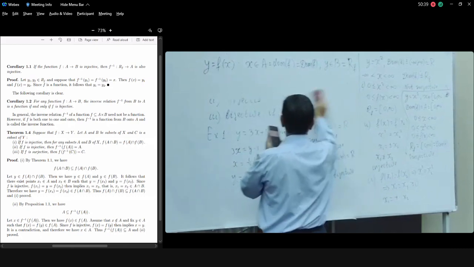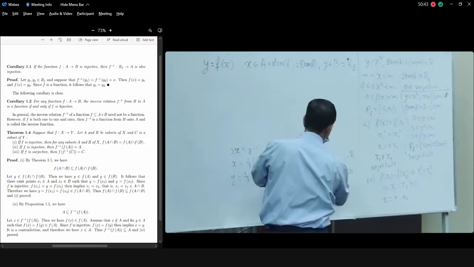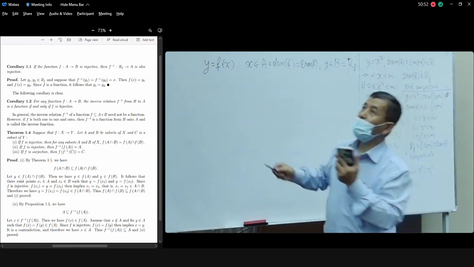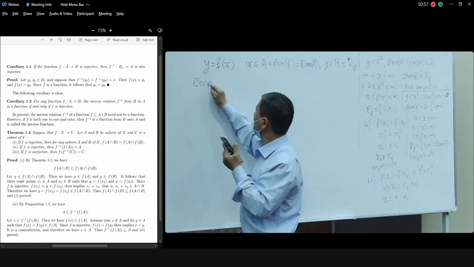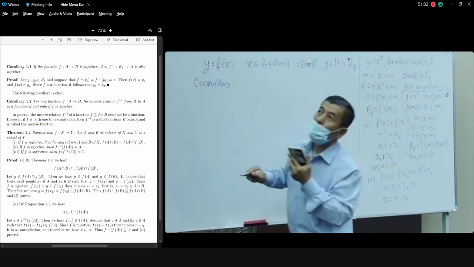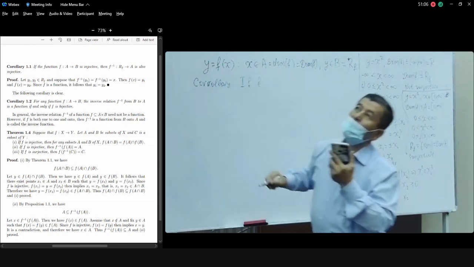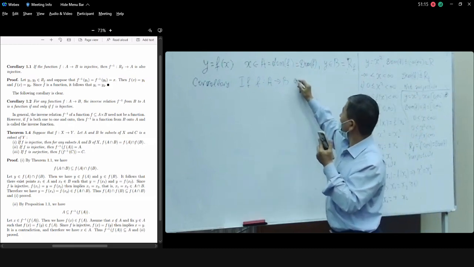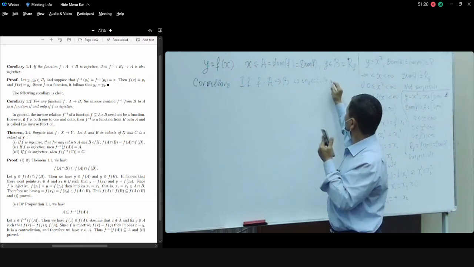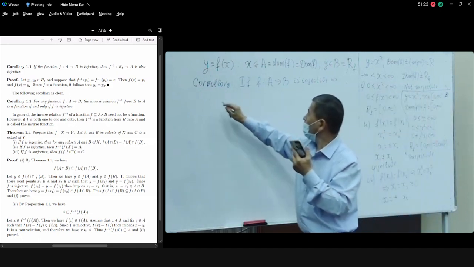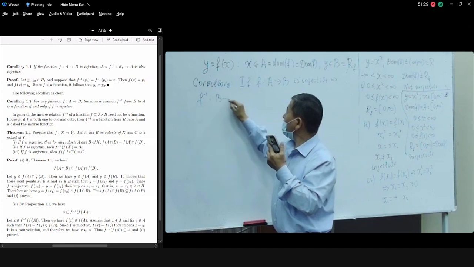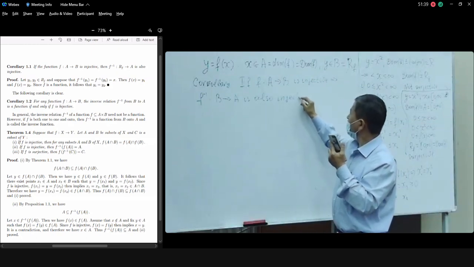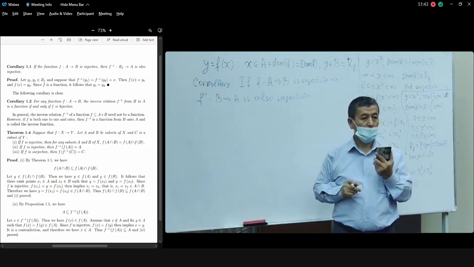The corollary says: if f, mapping A to B, of course f is a mapping, is injective, then f minus 1, mapping B to A, is also injective. Very important corollary.